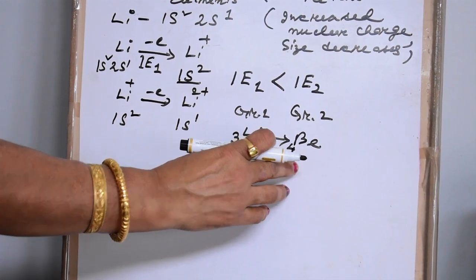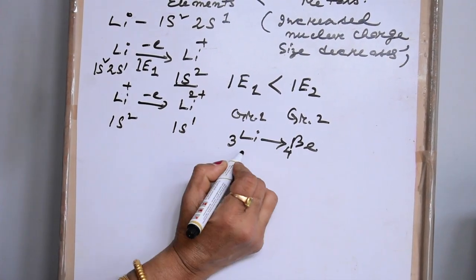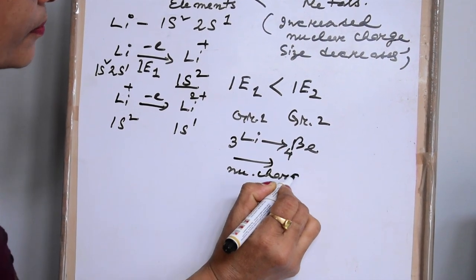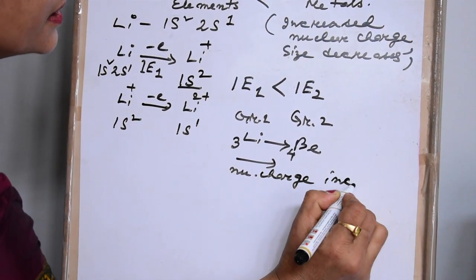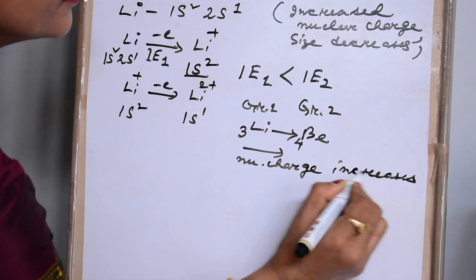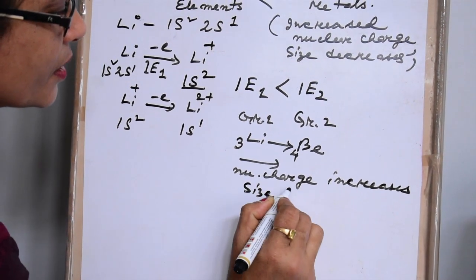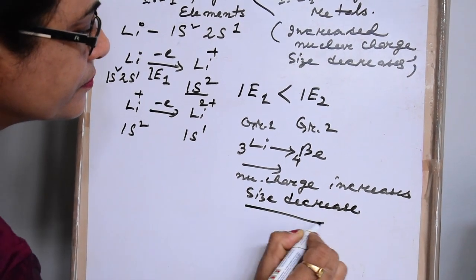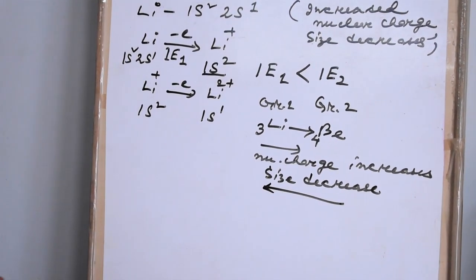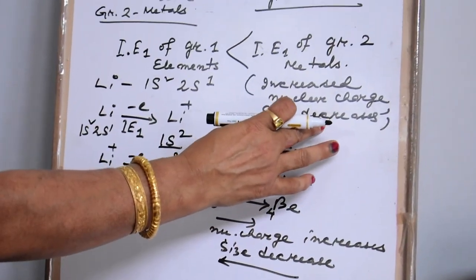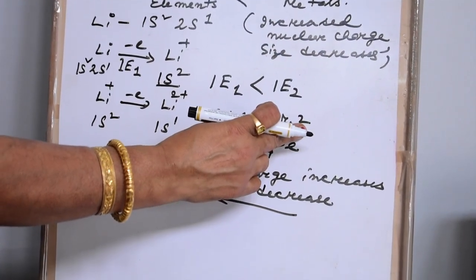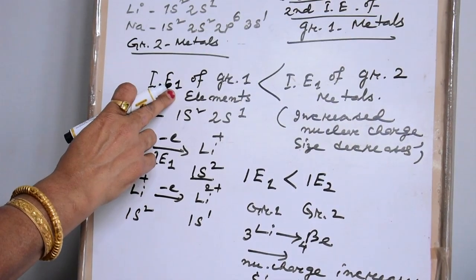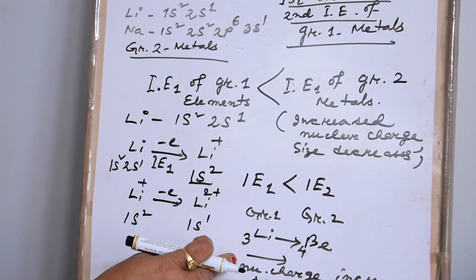As the nuclear charge increases, size decreases. As a result, the first ionization energy for the group 2 metals is double the first ionization energy for the group 1 metals.